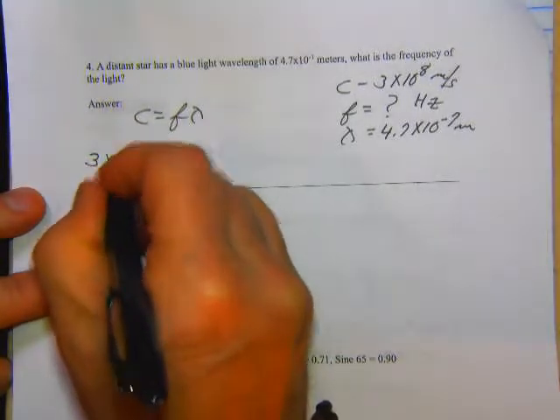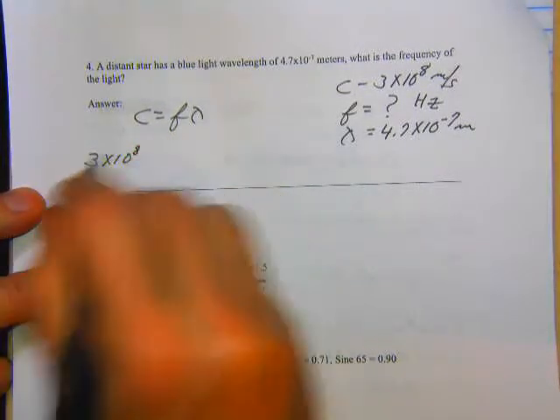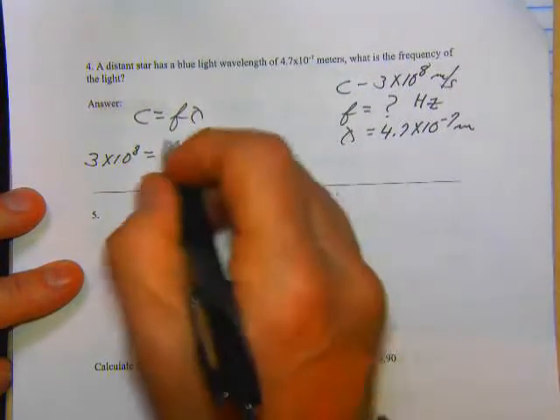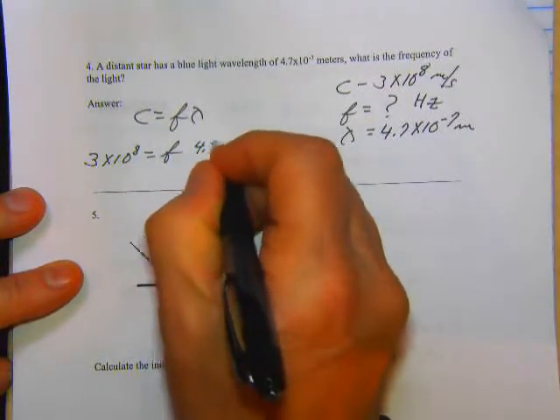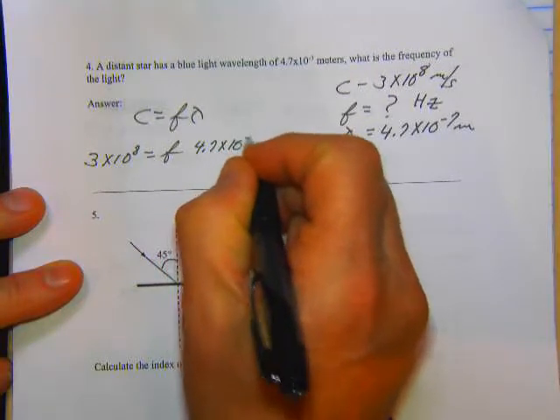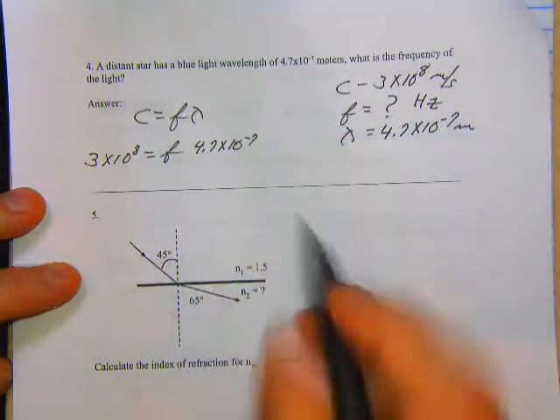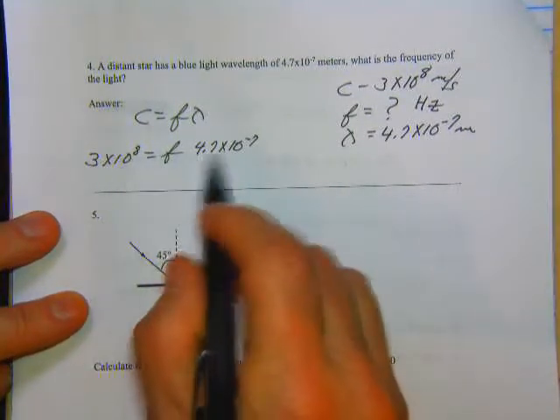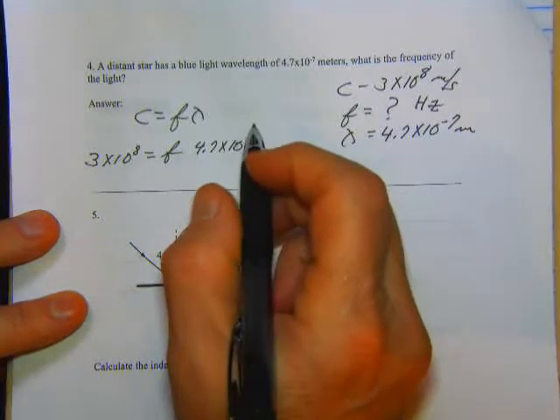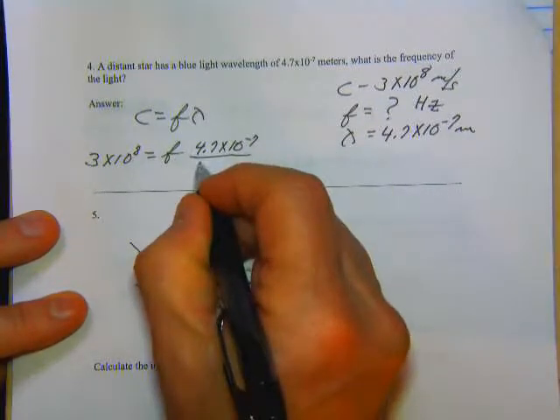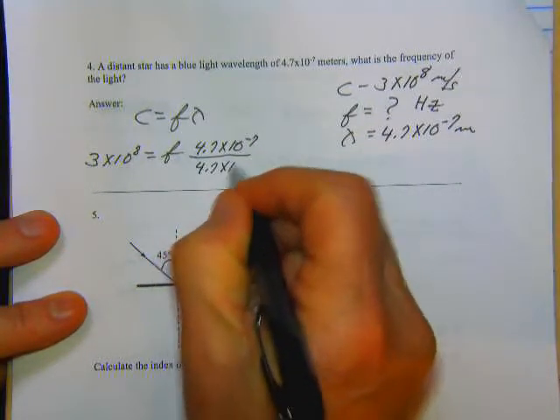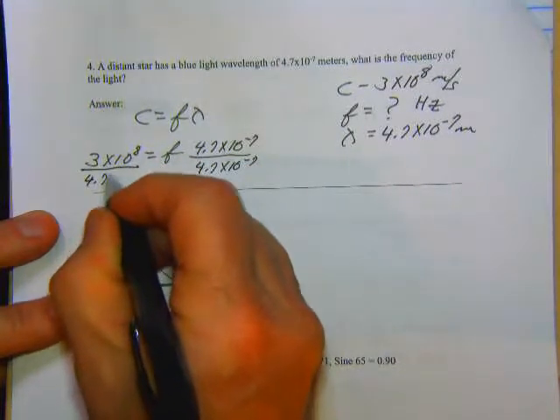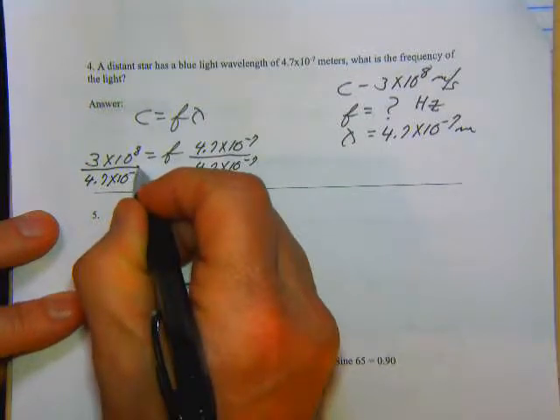So 3 times 10 to the 8th equals frequency times 4.7 times 10 to the minus 7. So divide each side by 4.7 times 10 to the minus 7.